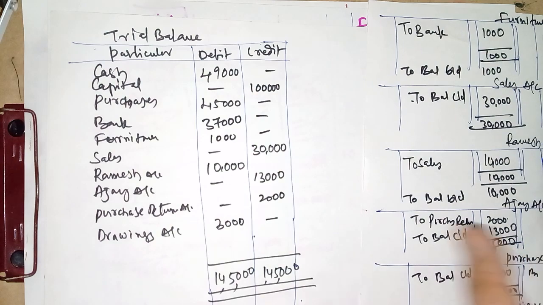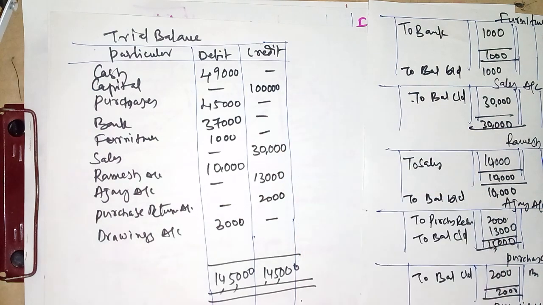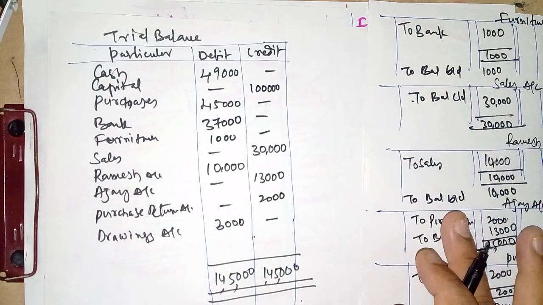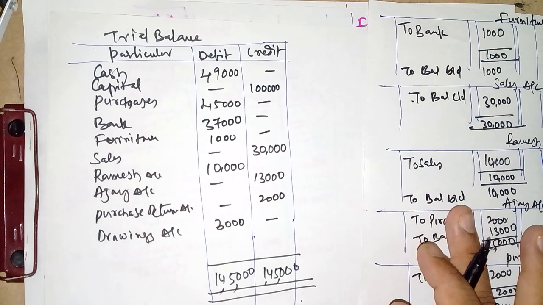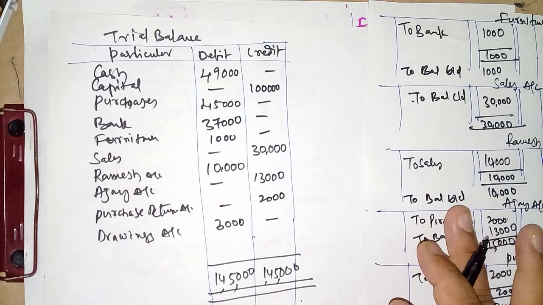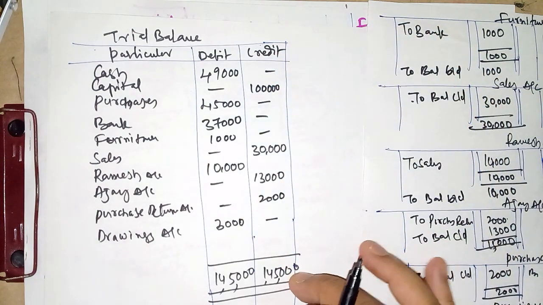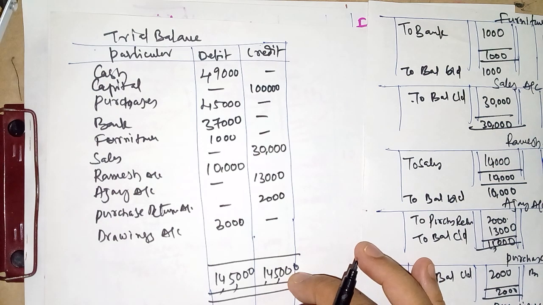From those ledgers only I have prepared the trial balance. So now this is tallied. It means that we did not make a mistake either in passing the journal, posting into the ledger, or balancing the ledger.